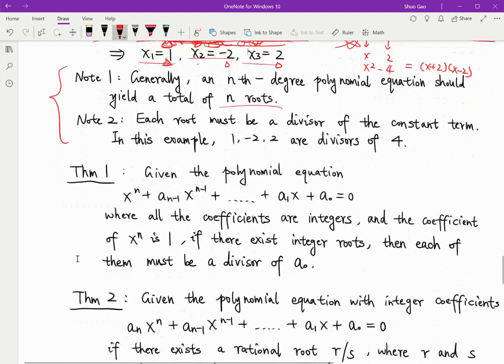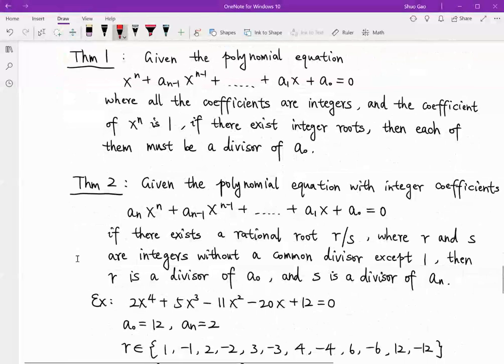So here we have 3 roots, and then we have 3 theorems here. Theorem 1, we have already talked about that. Given the polynomial equation x to the n plus a n minus 1 times x to the n minus 1 plus until a1x plus a0 equals 0, right?